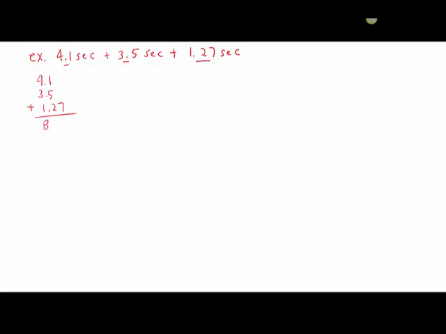So you get 8.87. And these are seconds, by the way. That's going to be important too. Always use your units. So we got 8.87, but notice we have 1.27, 3.5, and 4.1. You need to round to agree in precision with the least precise number. Our least precise numbers are 4.1 and 3.5.